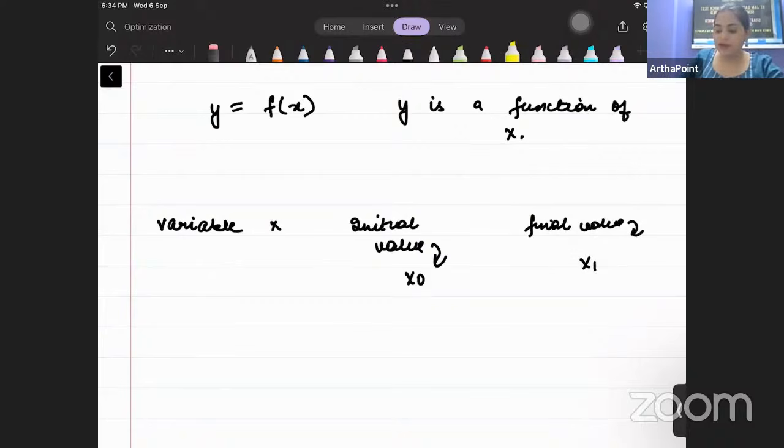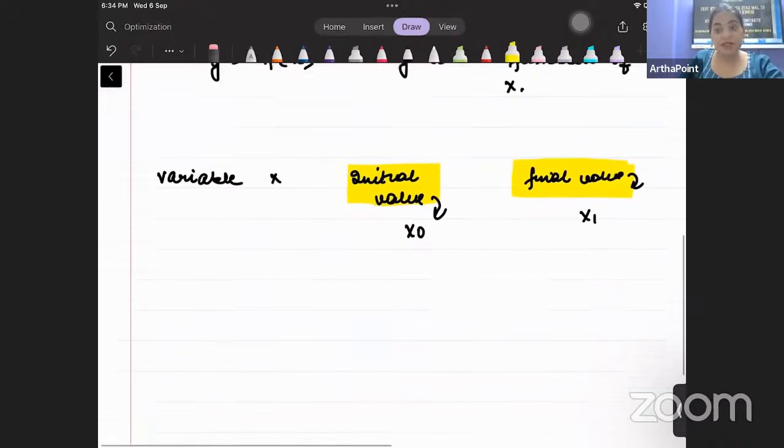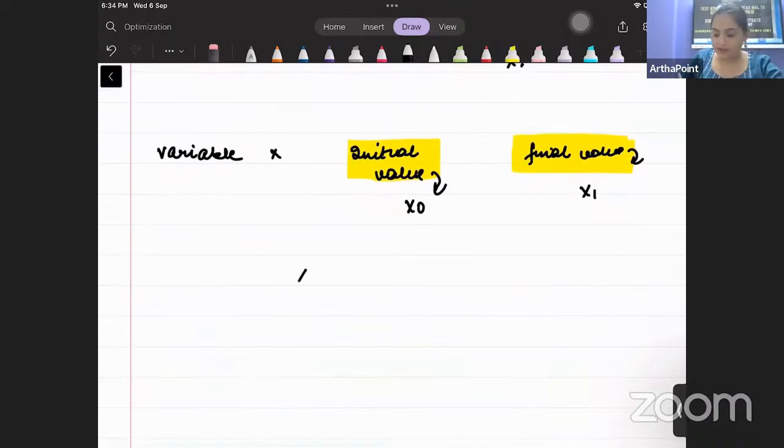So you have two values given to you, initial value and the final value, right? The difference between initial value and the final value, final value minus initial value, beta isko bolte hai change in x. So what is change in x? x1 minus x naught, that is called as change in x, right?